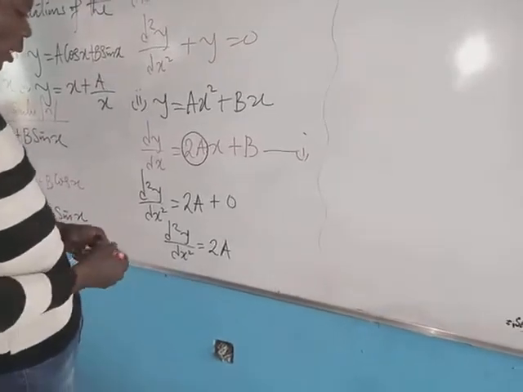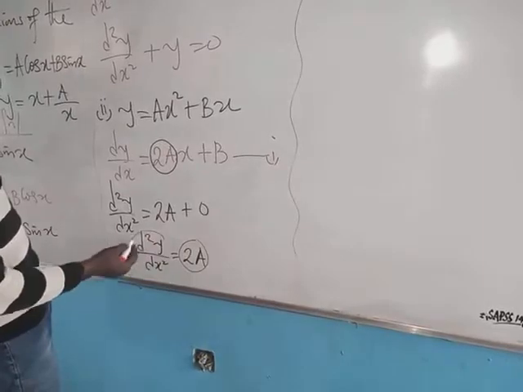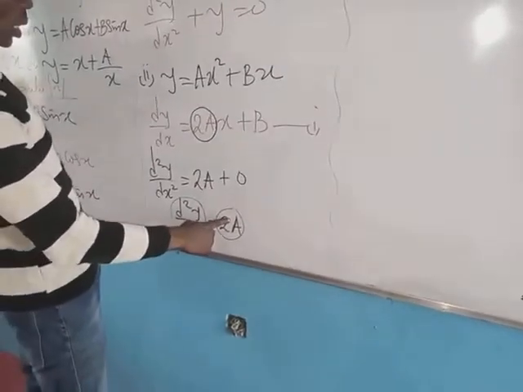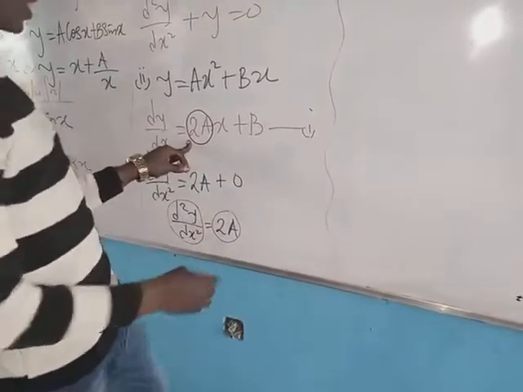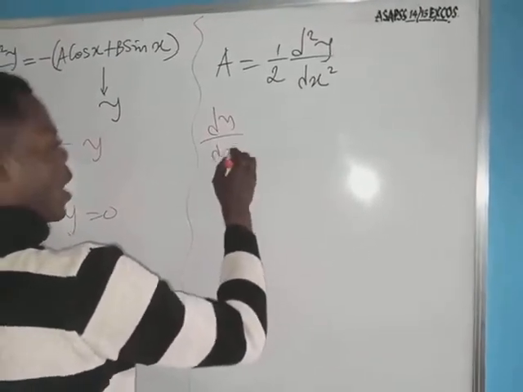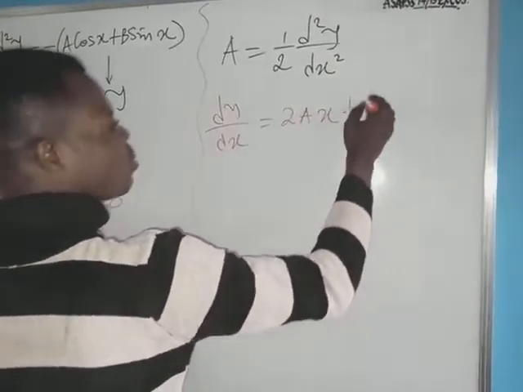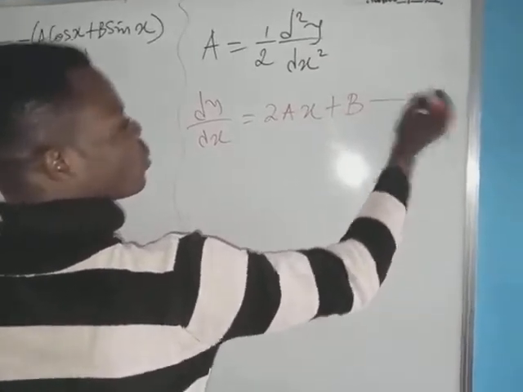What I will do now is I want to substitute this for this in this equation 1. And I will have dy by dx equal to 2ax plus b. This is my equation 1.